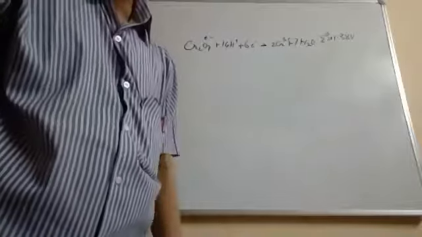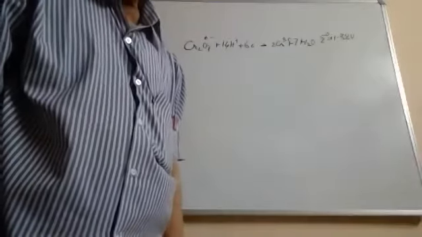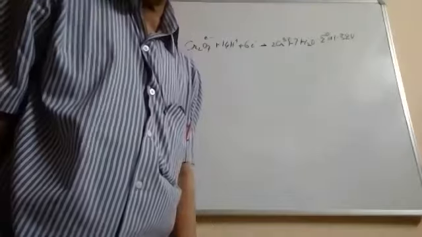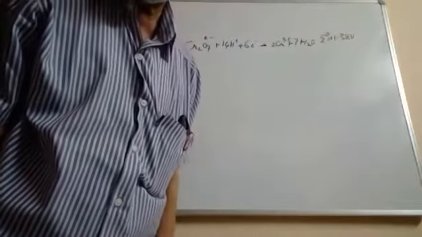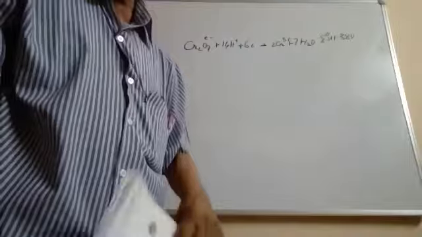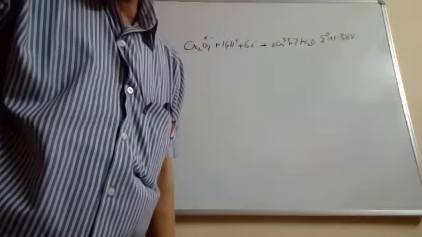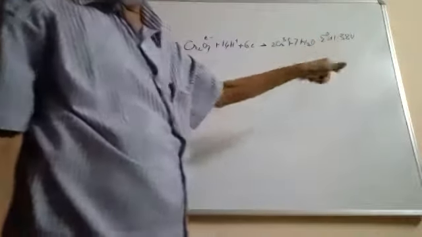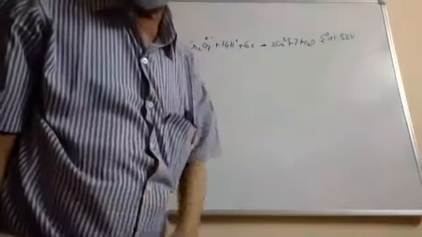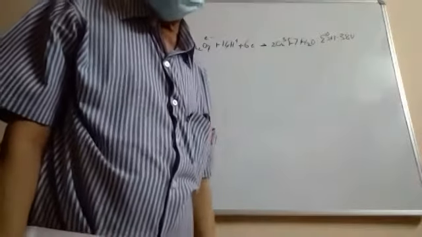What does that tell you about the spontaneity of the process? We all know delta G is negative if E is positive, right? So if the potential is positive, the free energy is negative. Delta G is equal to negative nFE, and neither n nor F can be negative.